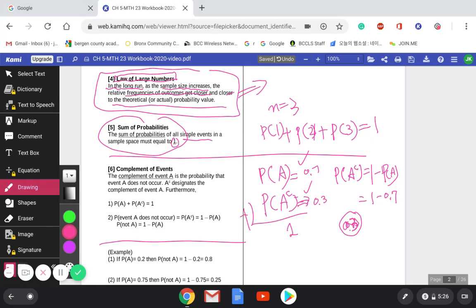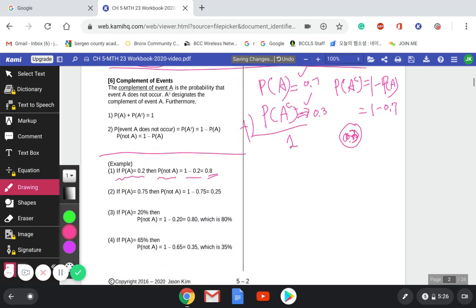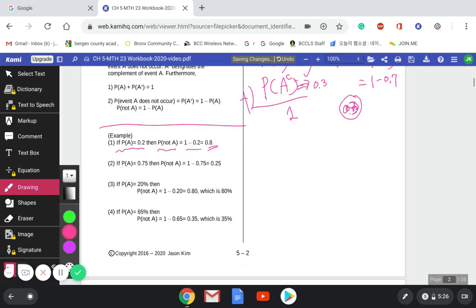The example is: if the probability of A is 0.2, the probability of not A would be 1 minus 0.2, which is 0.8. That's how you find the complementary probability value. Again, if the probability that event A will happen is 0.75, then the probability that it will not happen would be 0.25, because it's 1 minus 0.75.